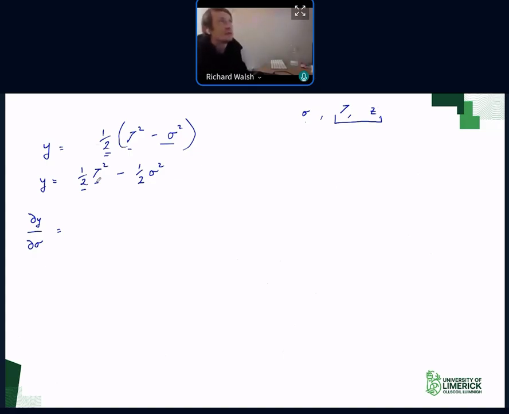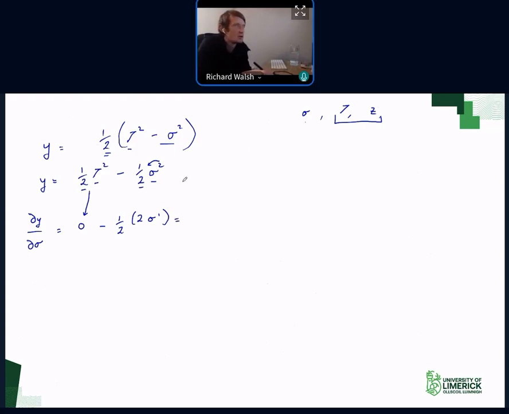If you differentiate a half times 4 squared, which is just a number, I will get 0. That will go to 0. A half times sigma squared, so that has a sigma in it. What do we do? We multiply down by the power. So it's a half times 2 will come down, and I subtract 1 from the power.